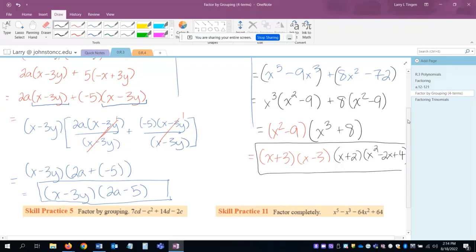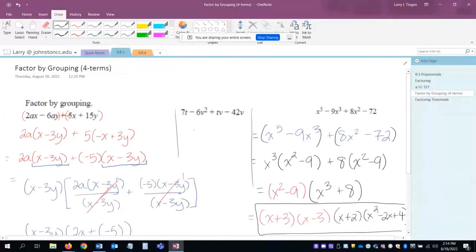Now, for the one in the middle, if you try to group it, you're going to get frustrated. And the reason is the first two terms have nothing in common. Okay? The last two have a v in common.